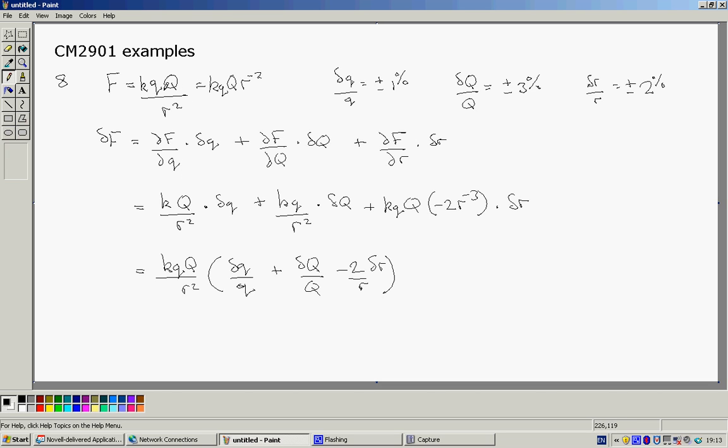So if you imagine multiplying each of these terms by, instead of f, the inverse of f, r squared upon k small q large Q, that tells us what the three terms in the bracket should be. This then allows us to say that delta f upon f is equal to the terms in the bracket.